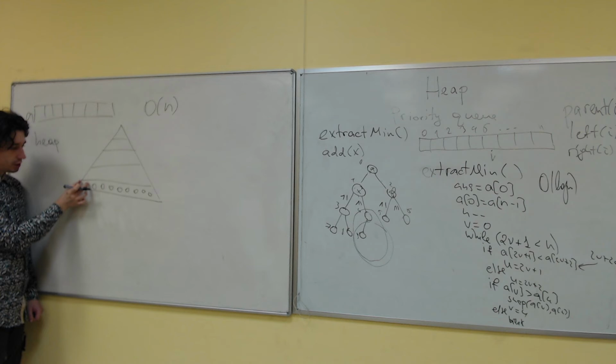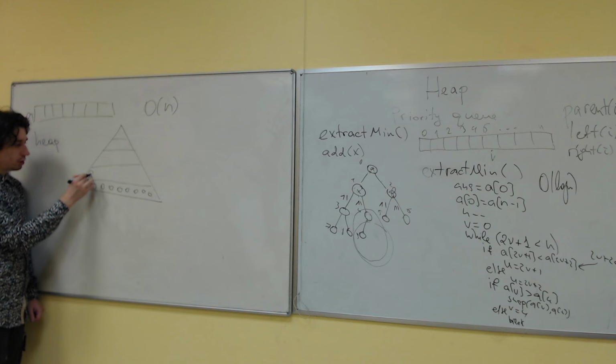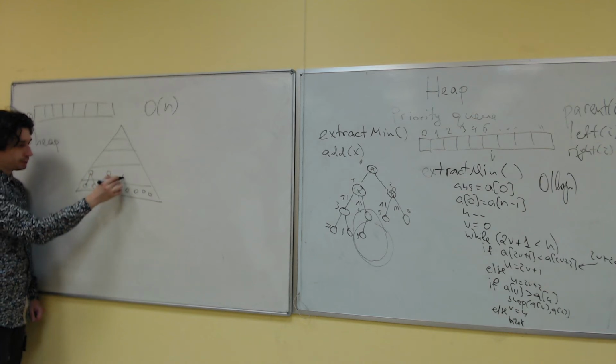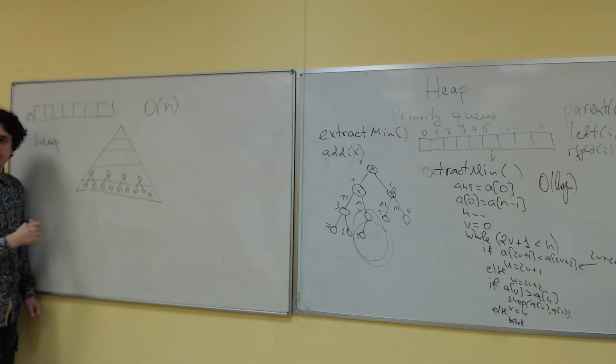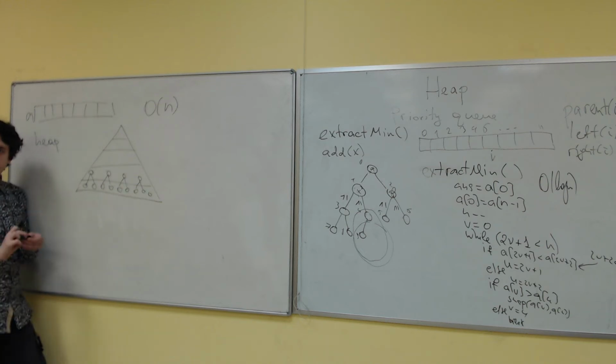If you consider only the trees consisting of one element, they are correct. Then we look at the next level. How to make these trees correct? We will just take the minimum of the three and move it up a layer.